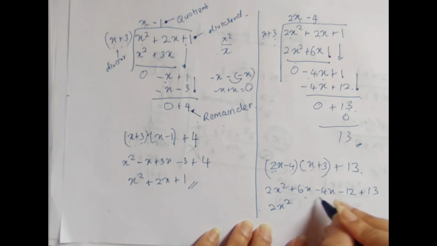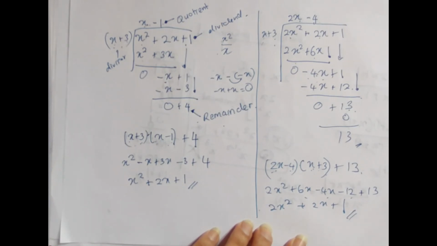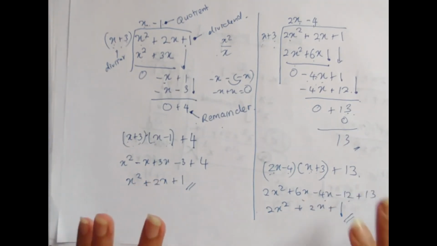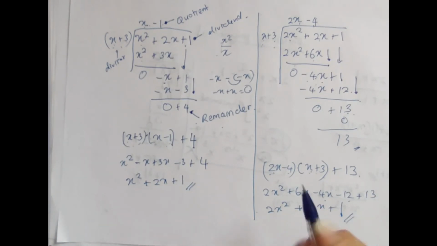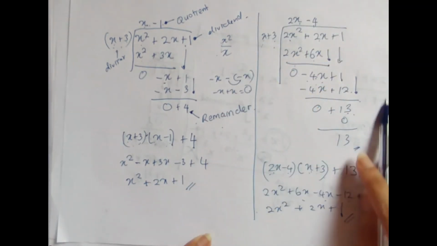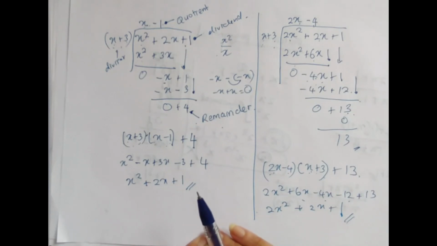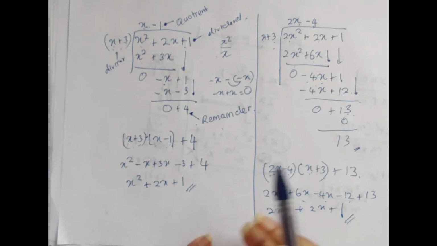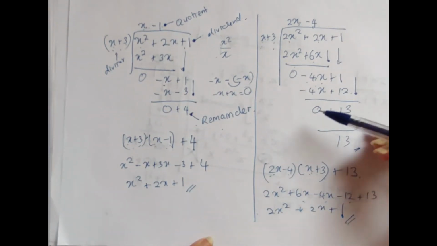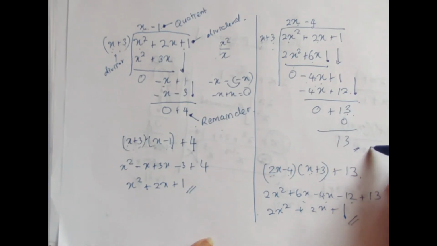So 2x squared plus 2x, minus 12 plus 13 gives plus 1. See, you got the answer. This is how you divide. I hope you understood what long division is. We will discuss different types of examination questions in my next video. Thank you.